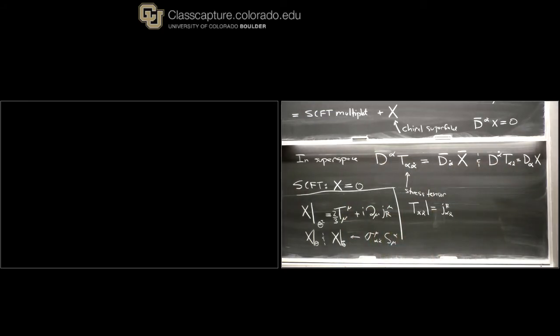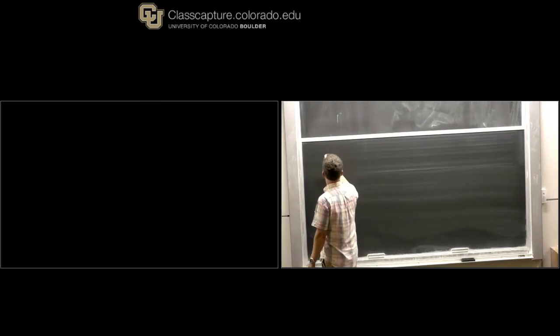Okay, so what we see from this, which is interesting, is that supersymmetry relates the breaking of conformal symmetry to the breaking of this R symmetry. And this connection between the breaking of the conformal symmetry and the breaking of the R symmetry led to what's called the multiplet of anomalies.